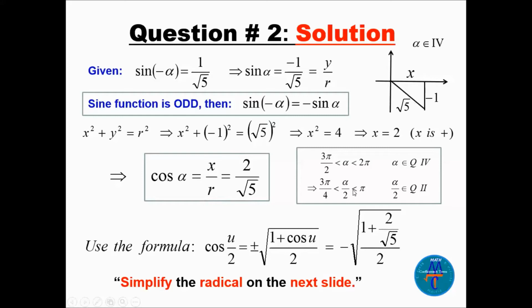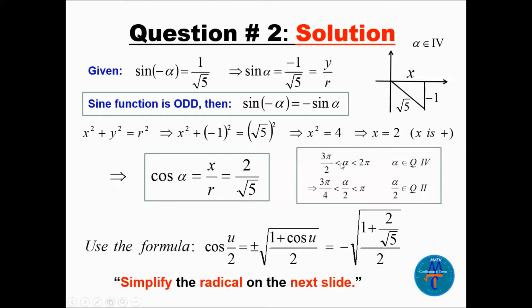Now here, remember carefully, I have this formula which we have seen also in question number 1. Cosine of u over 2 will be plus or minus the square root of (1 plus cosine u) over 2. This plus or minus depends on the quadrant of u over 2. Now let's see here. Alpha is in quadrant 4, so between 3 pi over 2 and 2 pi.